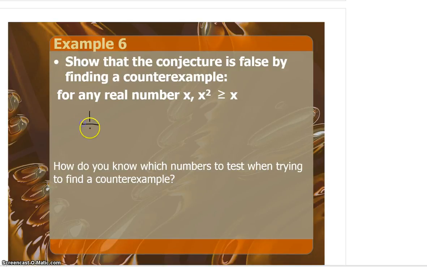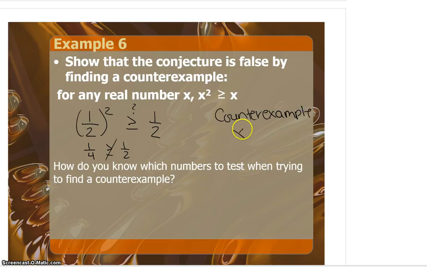And if I test 1/2, is 1/4 greater than or equal to 1/2? So 1/4 is not greater than or equal to 1/2. So my counterexample would be x equals 1/2. And there's many counterexamples. You only need one.